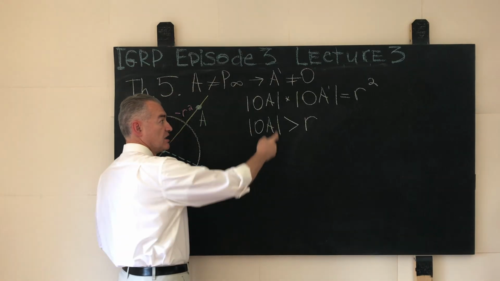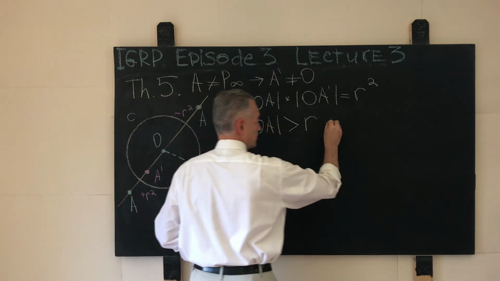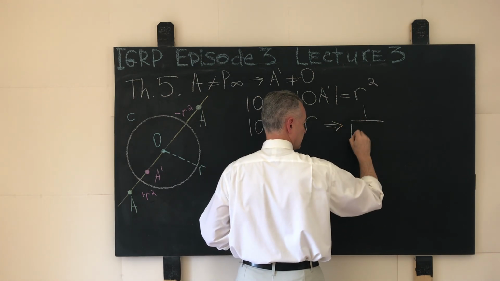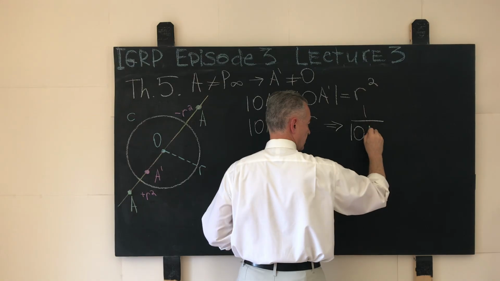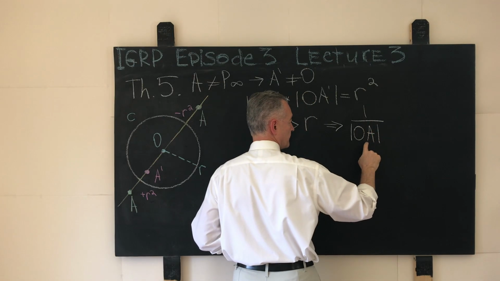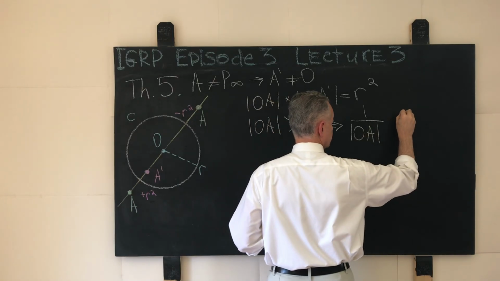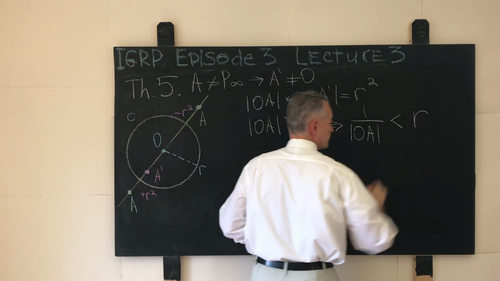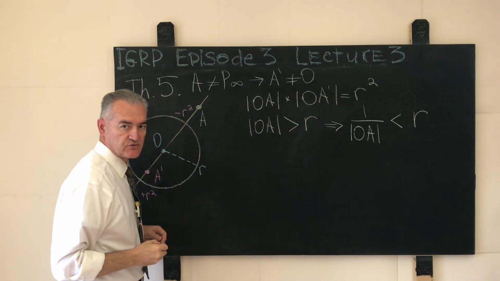It means that the reciprocal of that relation will say what? That 1 divided by the distance between the center of inversion O and the pre-image point A is strictly less than 1 divided by the length of the radius of inversion R.